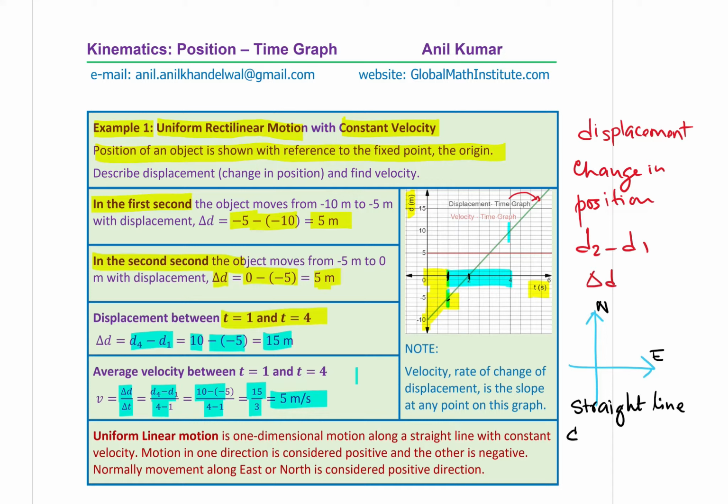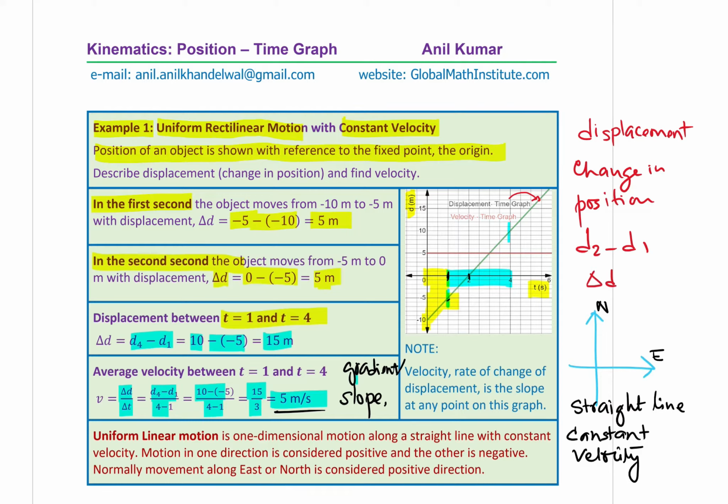So we have constant velocity. As you see in this case, it is 5 meters per second, and that is basically the slope or the gradient of the line, correct?